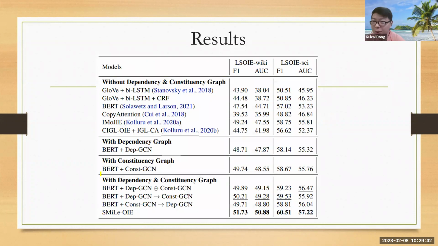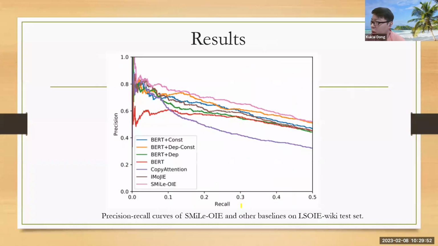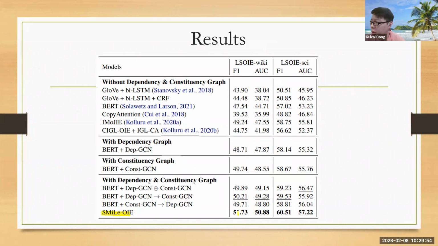So this is the main results of this work. We can see here, our model is the last one. It achieved the best scores in this LS dataset. We break down into a few main categories.